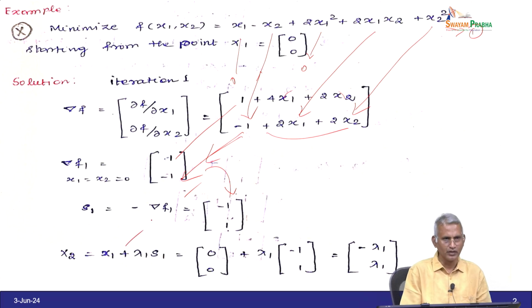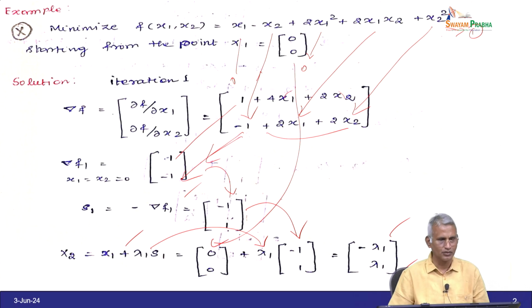The rule is x2 equal to x1 plus lambda 1 s1. x1 we already found out, that is given in the question, therefore substitute here, and keep lambda as it is, and then S1 we found out, substitute it. Then simply multiply with lambda 1 of the second matrix, so that it becomes minus lambda 1, add them: minus lambda 1 plus lambda 1. So, this is the simplification of x2.